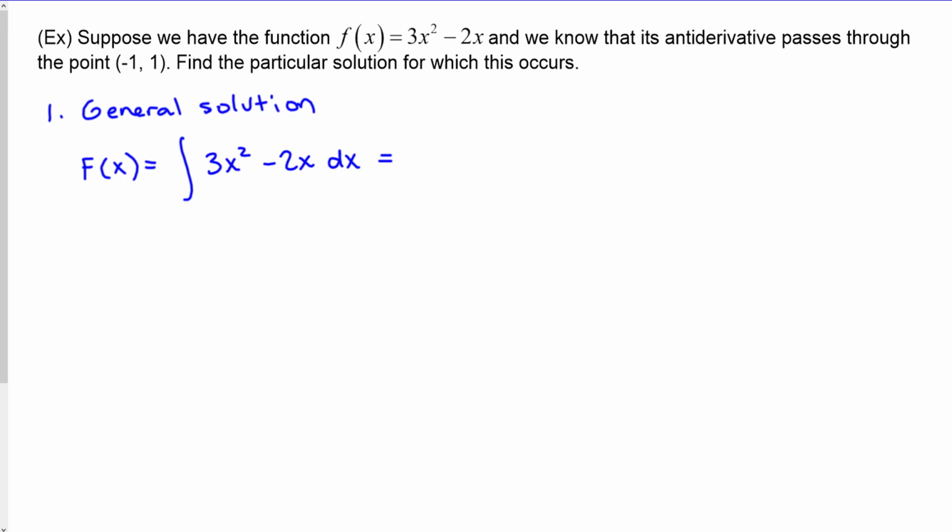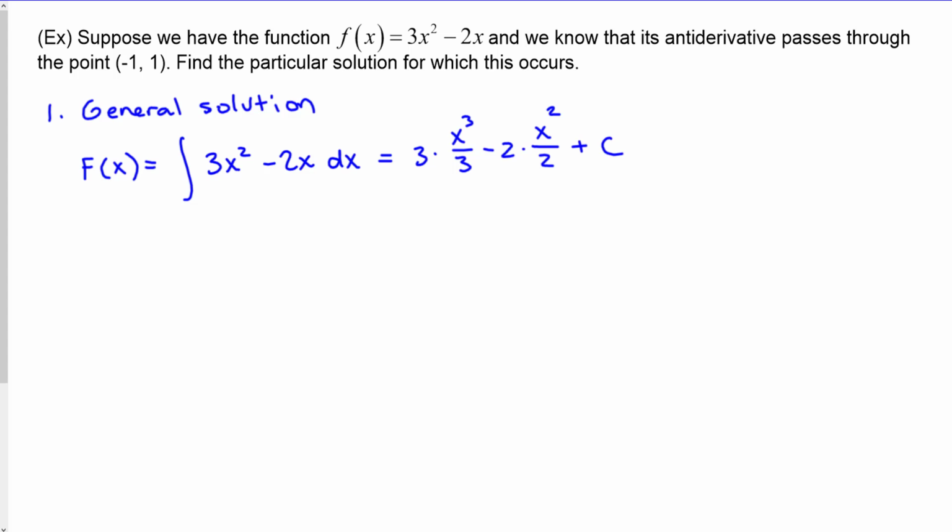When I go through and find the antiderivative, it would be 3 times the antiderivative of x squared, which would be x cubed divided by 3, minus 2 times the antiderivative of x, which would be x squared over 2, plus c.